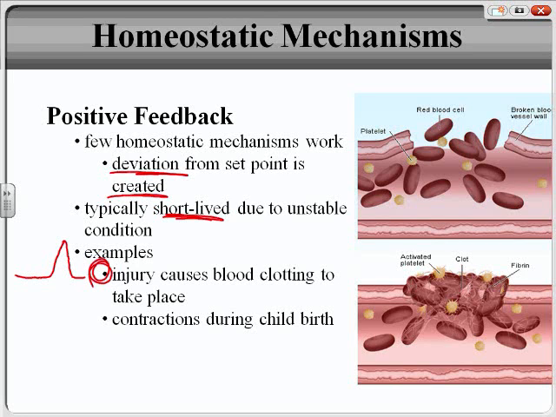So a positive feedback mechanism works opposite. In negative feedback, the deviation is being corrected. The body does not want deviation. In a positive feedback mechanism, the deviation is being created.